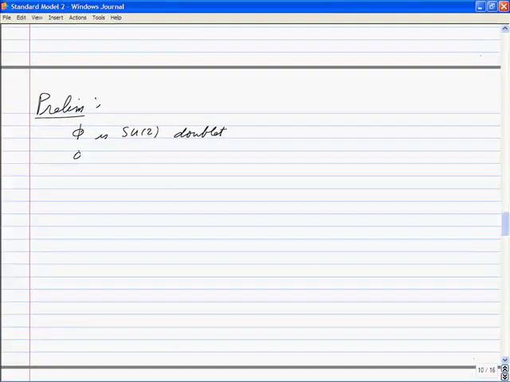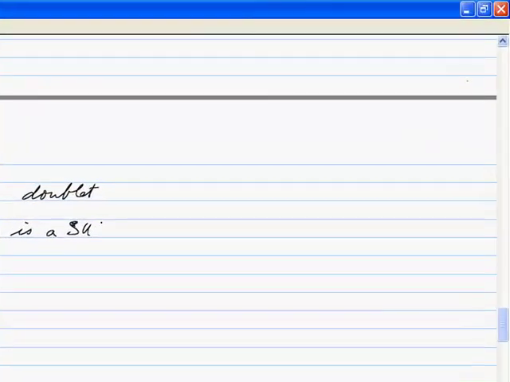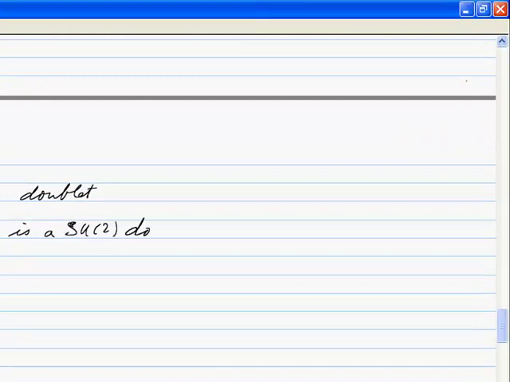It's special to SU2 that I define phi bar as i tau 2 phi star. It's also a doublet. Okay, now that's what I want to show you. This is special to SU2.